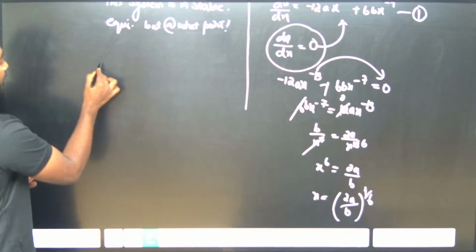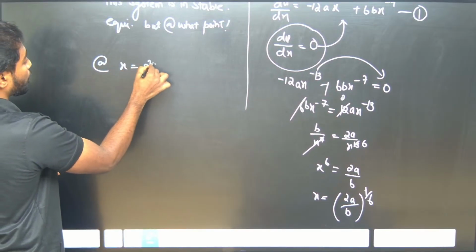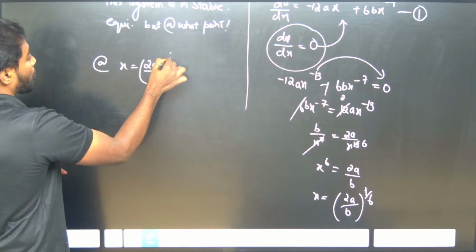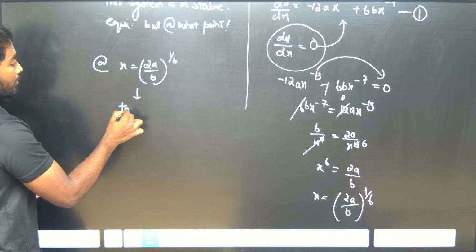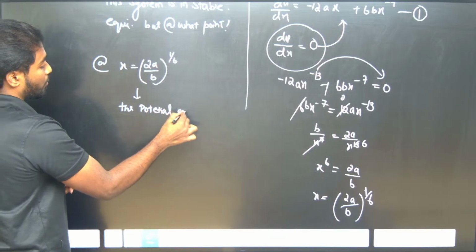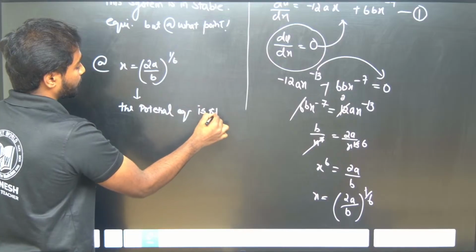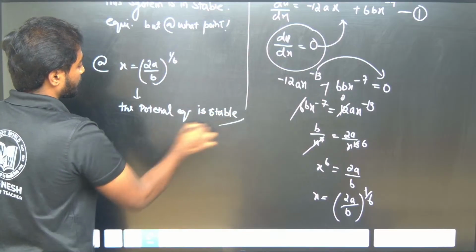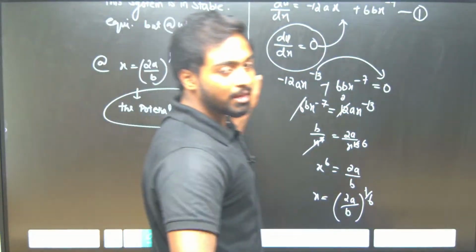So at x equals (2A by B) power 1 by 6, the potential equation is stable. This is the point, x equals (2A by B) power 1 by 6.